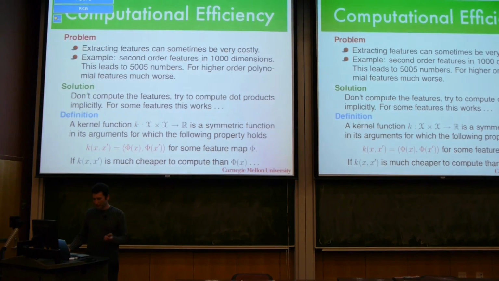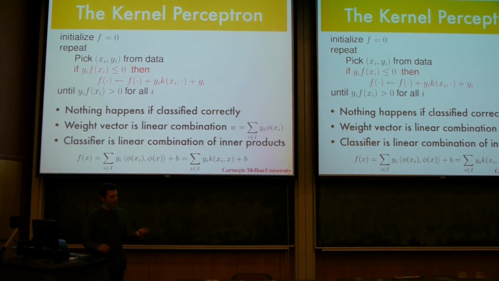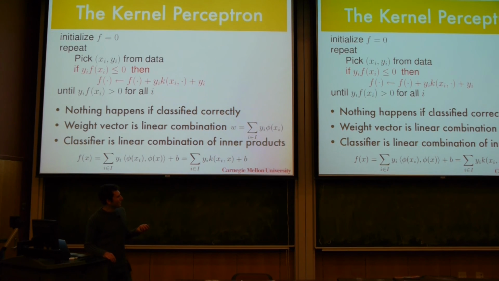So same equation as before. The only difference really now is that wherever we had phi of xi, we now have k of xi. That's the only thing that has changed.